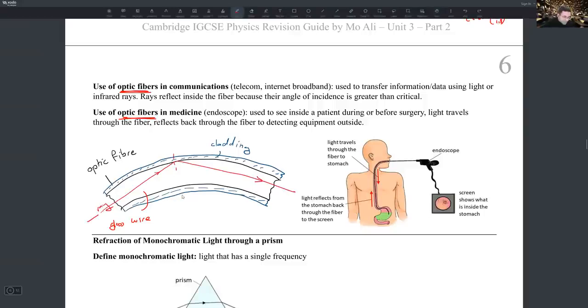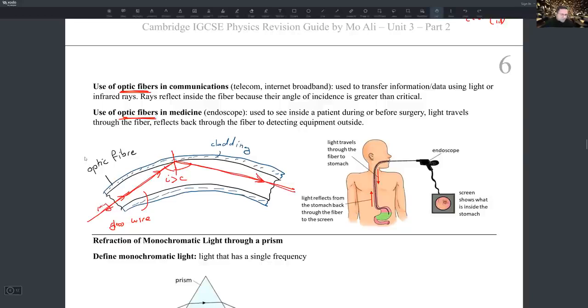When light or any kind of electromagnetic ray, like infrared or light, goes inside the glass, total internal reflection happens to it. It just reflects. Why? Because the angle of incidence is greater than critical.